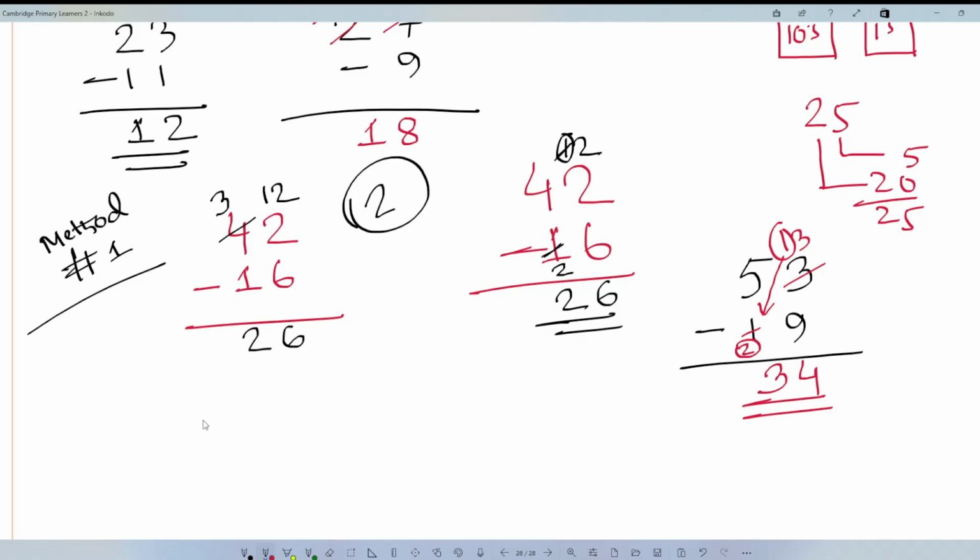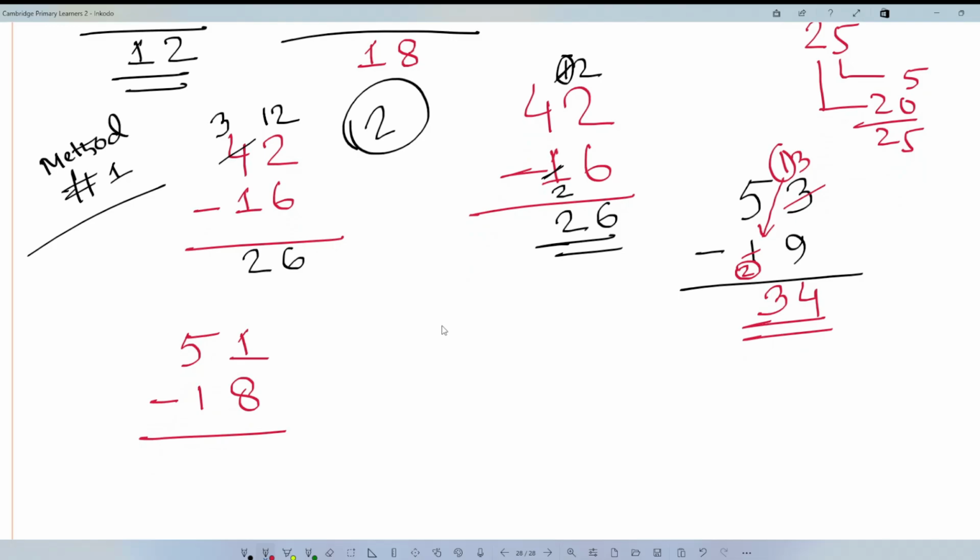Suppose 51 minus 18. We will try to solve two methods, first method and second method. 51 minus 18. First method, we will take or borrow from this 5. So this 5 become 4 and the 1 become tens. It means this is 11.